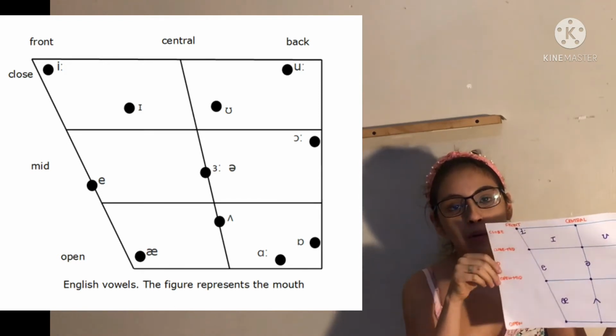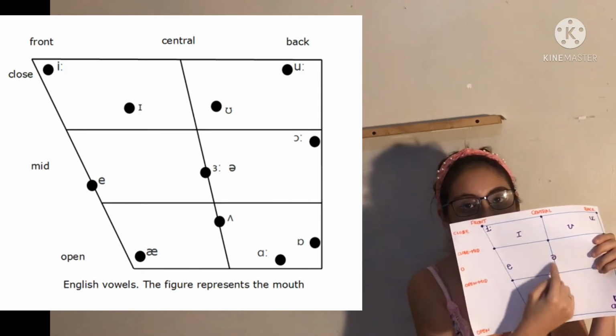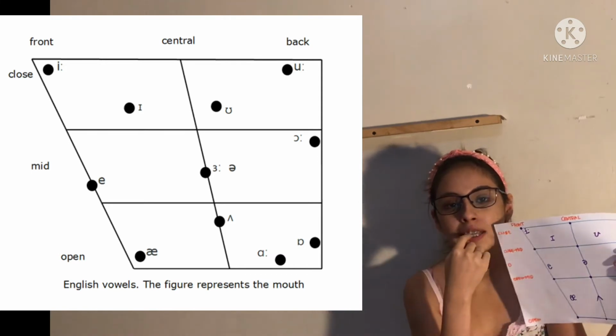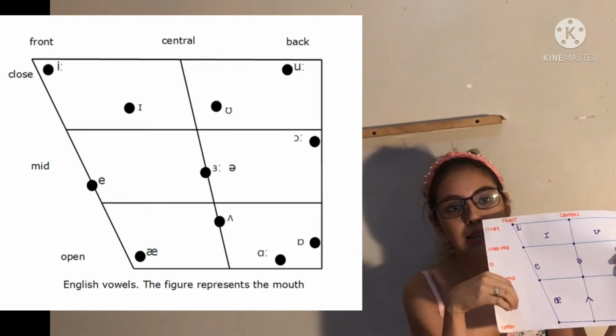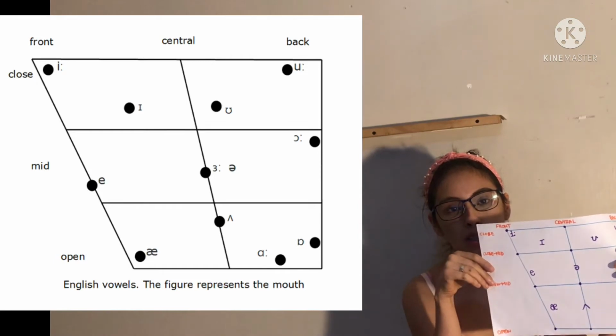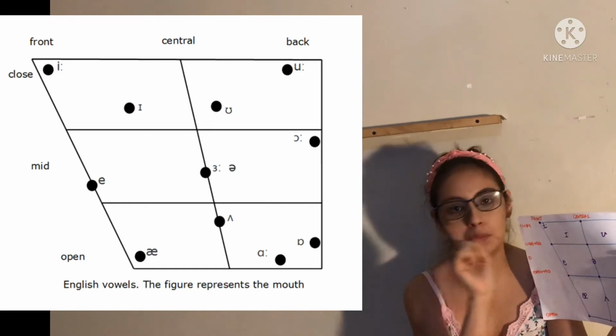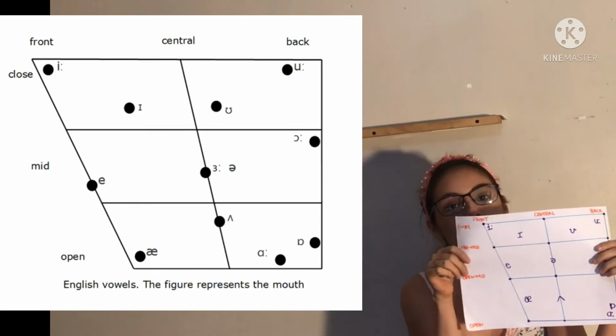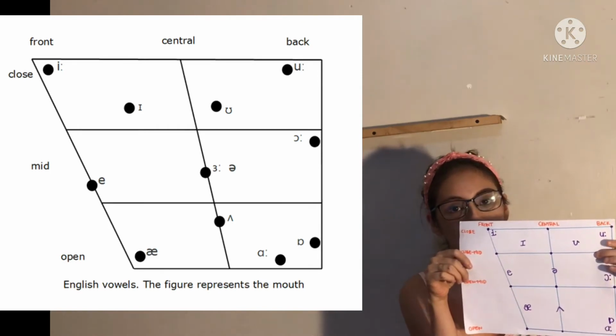We go with the vowels on the central side. The position of the tongue is central. That is, the tongue does not move.